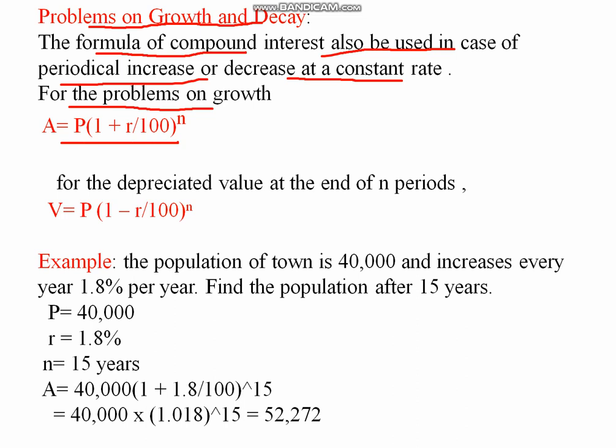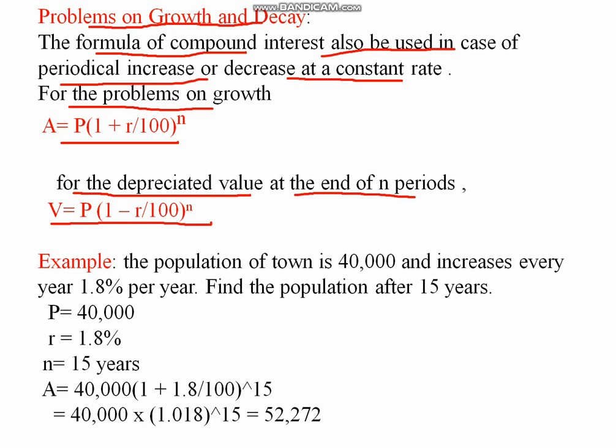Or for depreciated value, that is in case of decreasing value at the end of n periods, V is equal to P in bracket 1 minus R upon 100 raised to n. In case of decreasing or depreciation, instead of plus R, take minus R.